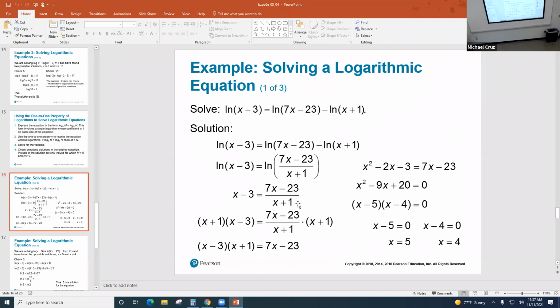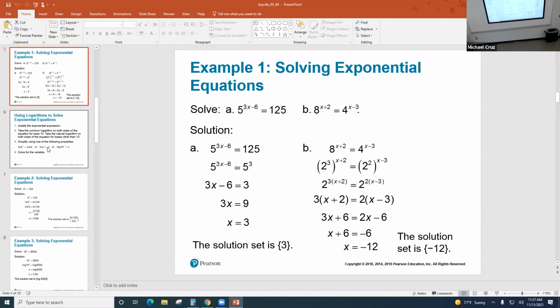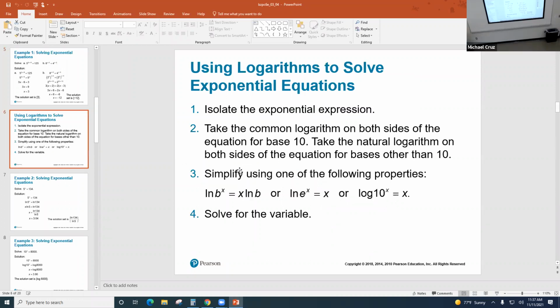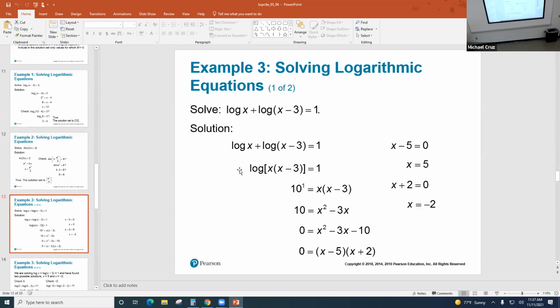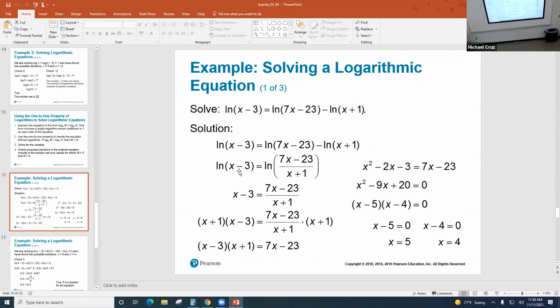Now, because they're the same base, when you have the same base, you just take the arguments and set them equal, except now it's with logarithms. So x minus 3 is equal to 7x minus 23 over x plus 1.